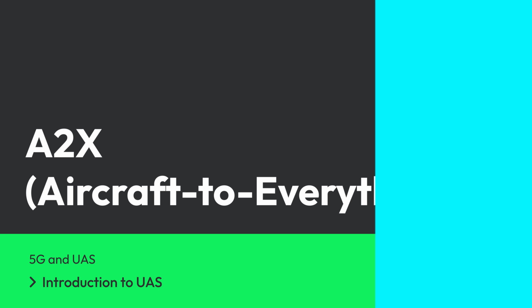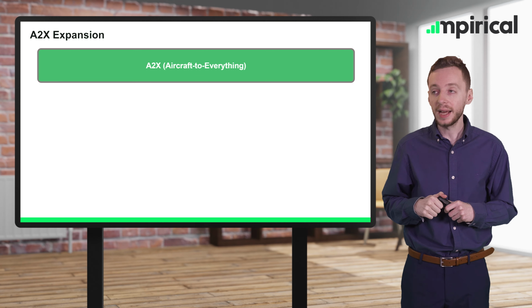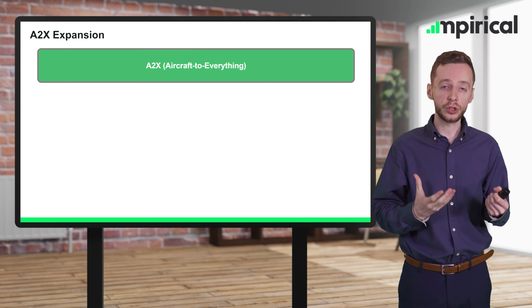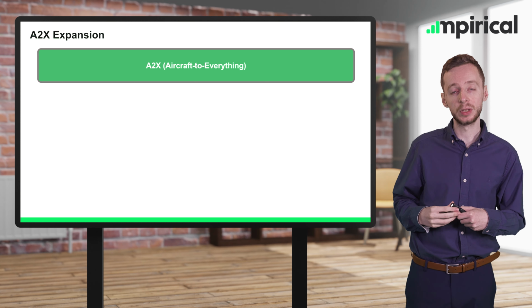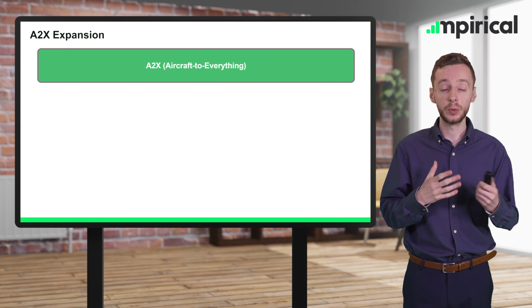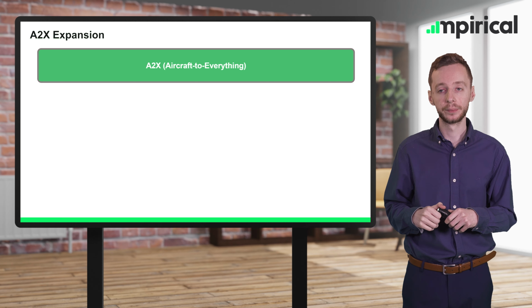Next, we're going to be exploring A2X, and A2X is aircraft to everything. So this is a functional model which standardizes communication between a range of different components that UAV can communicate with.